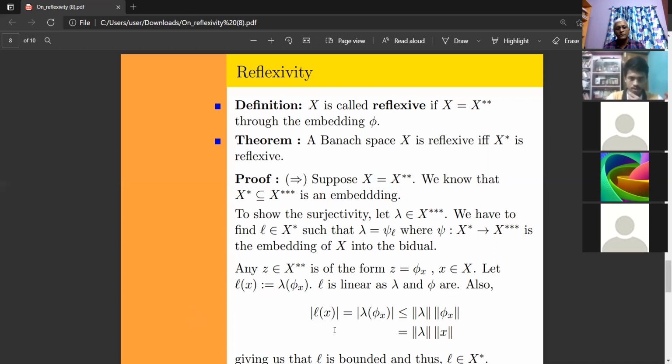Again, the absolute value of L of h is equal to the absolute value of this, which is less than or equal to the norm of lambda times the norm of phi h. And this norm of phi h is actually the norm of h because of reflexivity. And thus we have that L is bounded, and thus L belongs to H star.